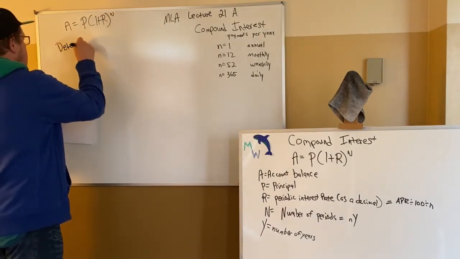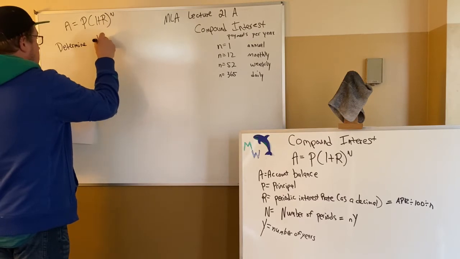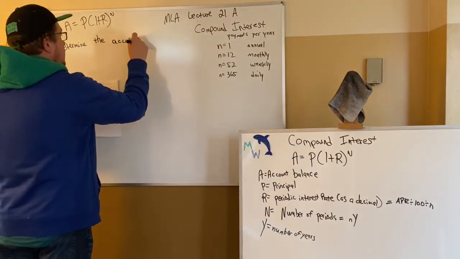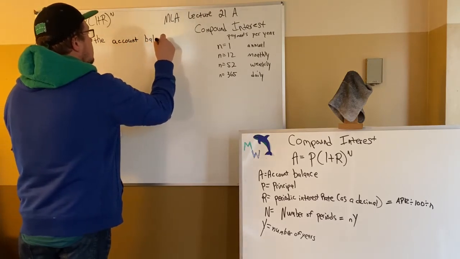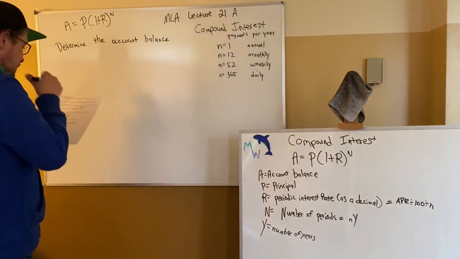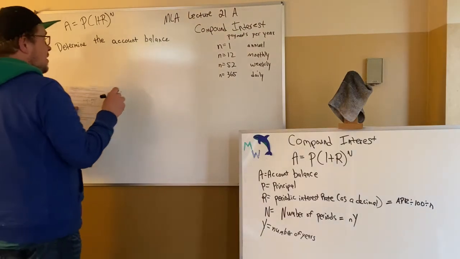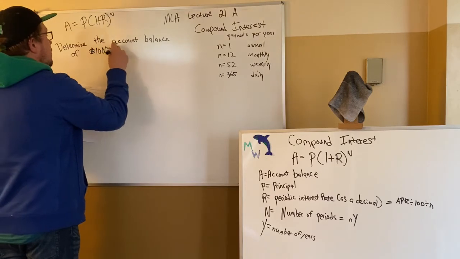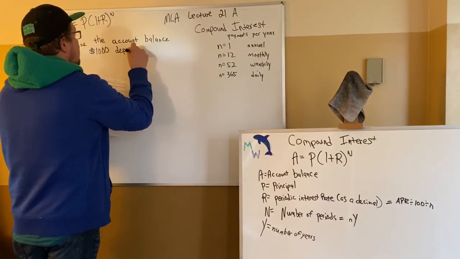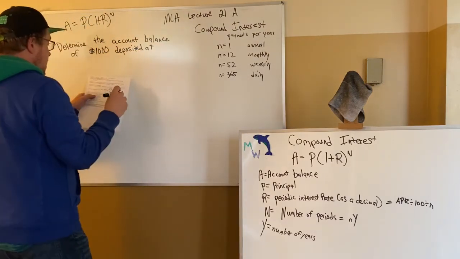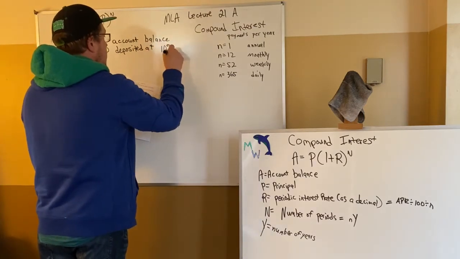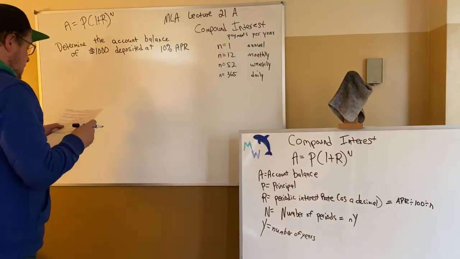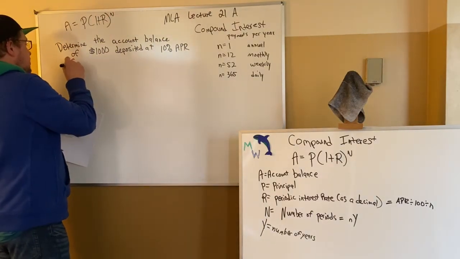Determine the account balance of $1,000 deposited at 10% APR, 10% is your annual percentage rate, after 9 years.